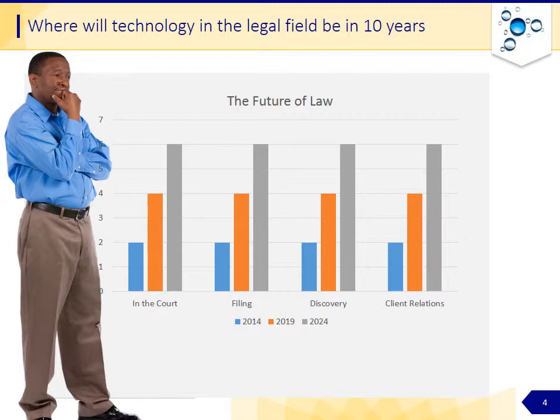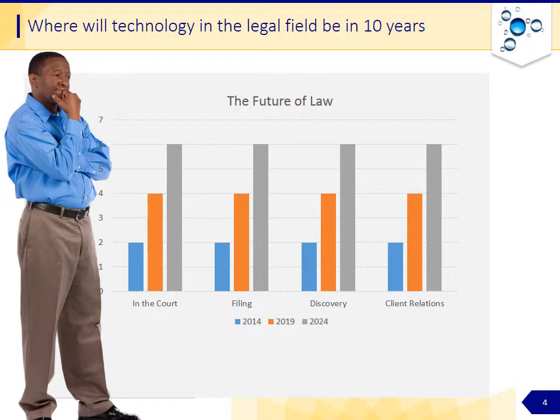You have companies like LegalZoom and Rocket Matter, where you can have a document filed completely online without ever needing to meet with someone in person. So these are just some of the areas where you see that technology is actually changing the way that law is being handled, in particular aspects of law being conducted.